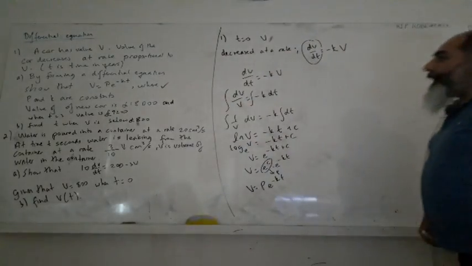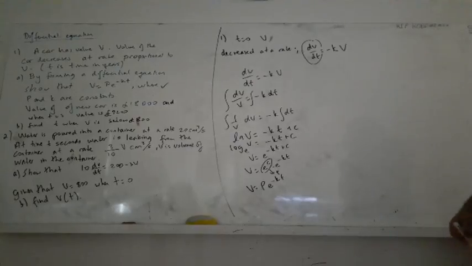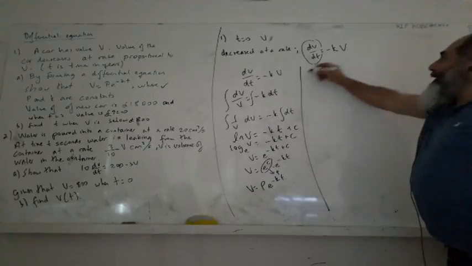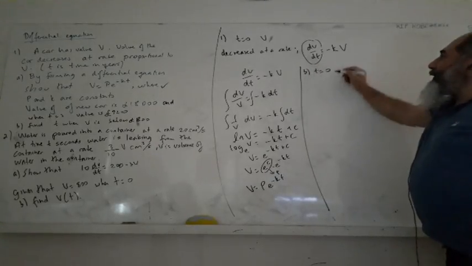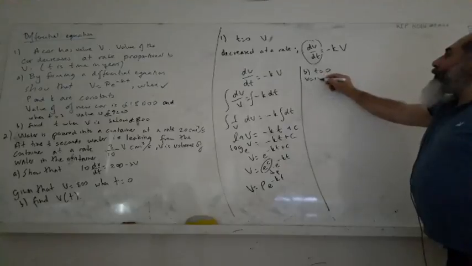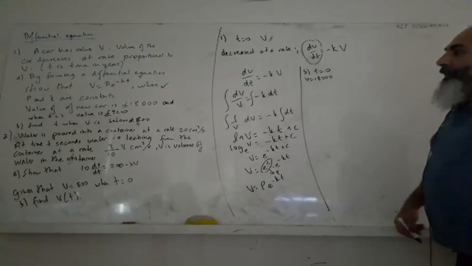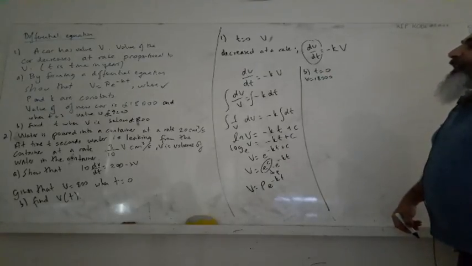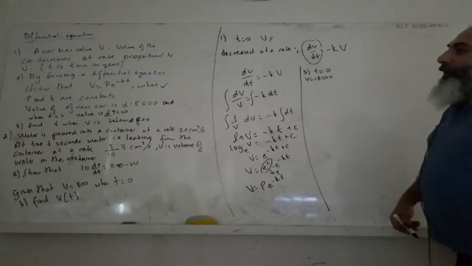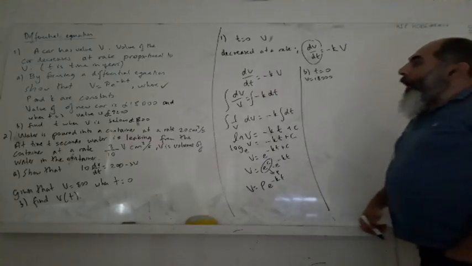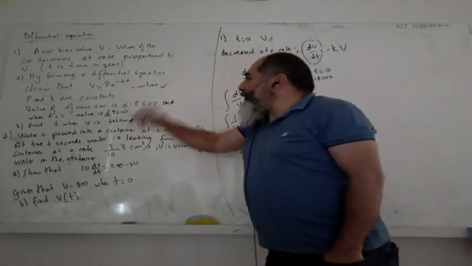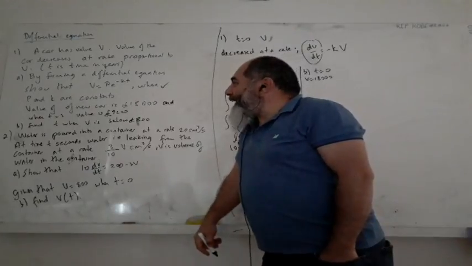The value of the new car is, when t is equal to 0, V is equal to 18,000, and when t is equal to 3, the value is 9,200. Find t when V is below 800.